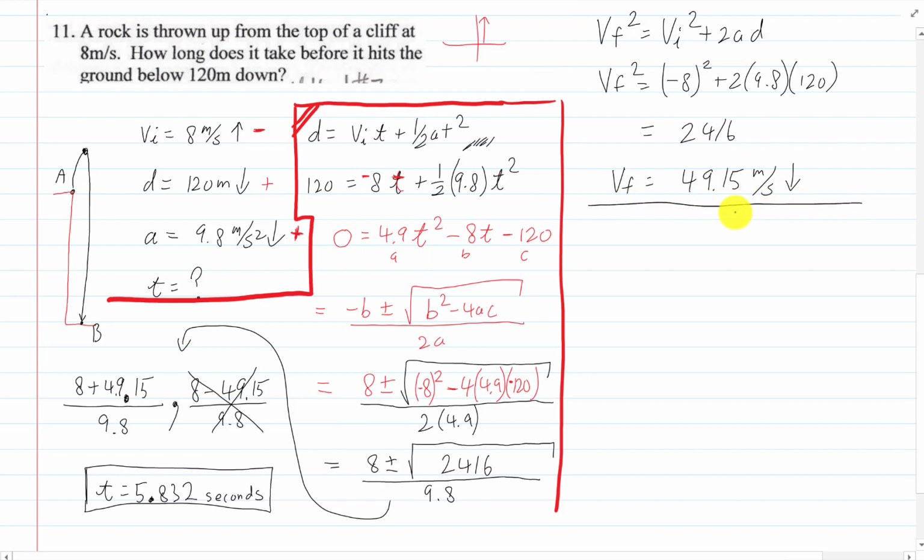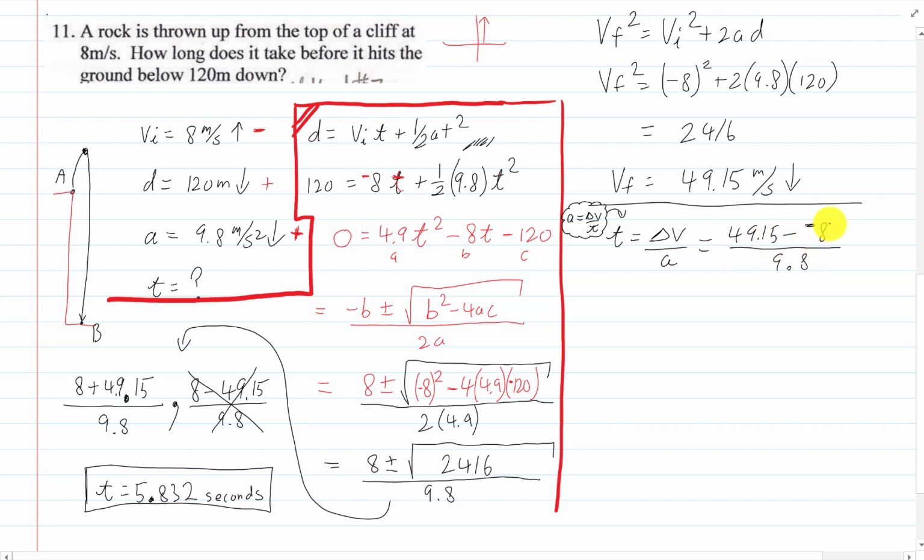And now we want to find the time. The time is just going to be the change in velocity divided by the acceleration. That just comes from the formula: acceleration is the change in velocity over time, and I just rearrange it. The change in velocity is 49.15 going down minus the initial, which was a negative 8, all over 9.8.